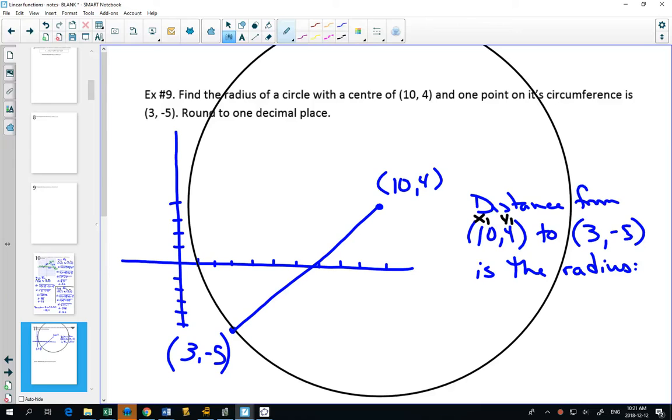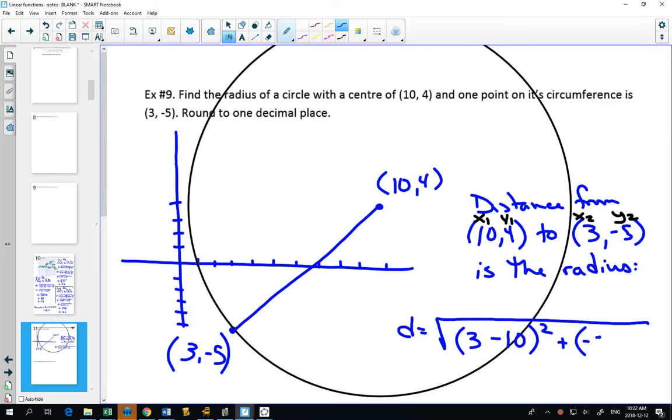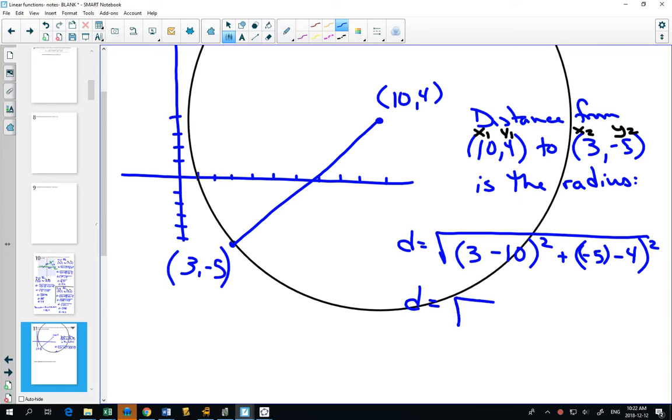x1, y1, x2, y2. Distance formula, x2 minus x1, 3 minus 10, plus y2 minus y1. 3 minus 10, -7 squared. -5 minus 4, -9.